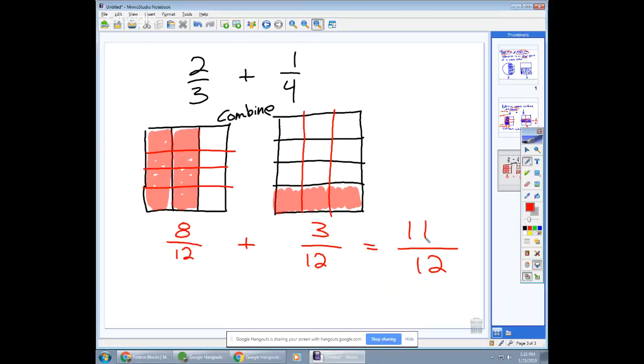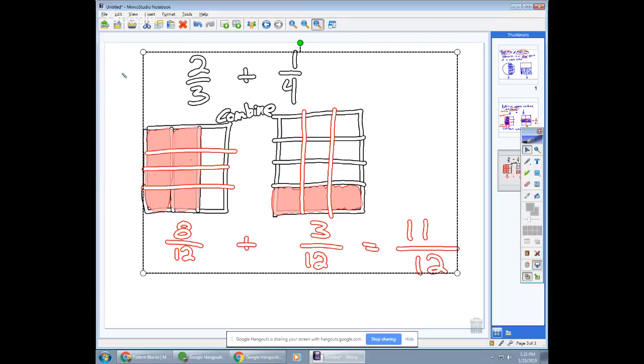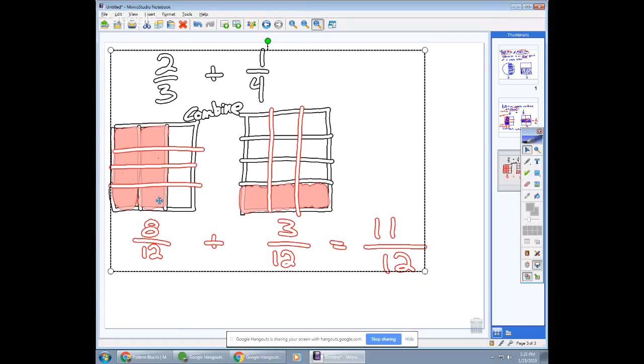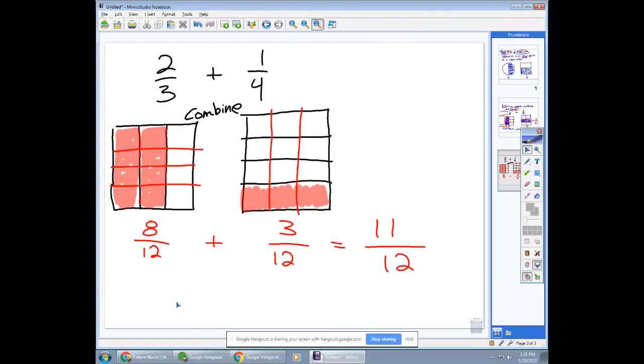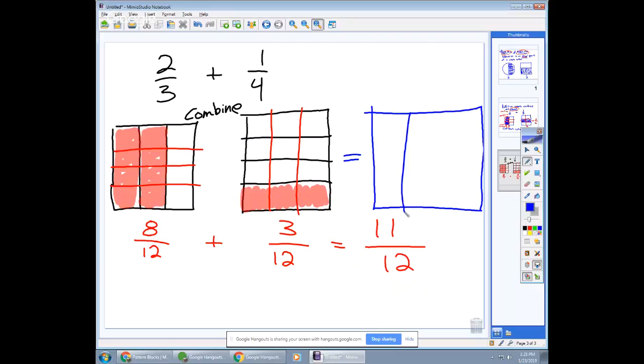Now I could redraw this picture by putting them all into a new pan together. So I could say altogether this is equal to one new cake. And let's see, we got thirds that way.